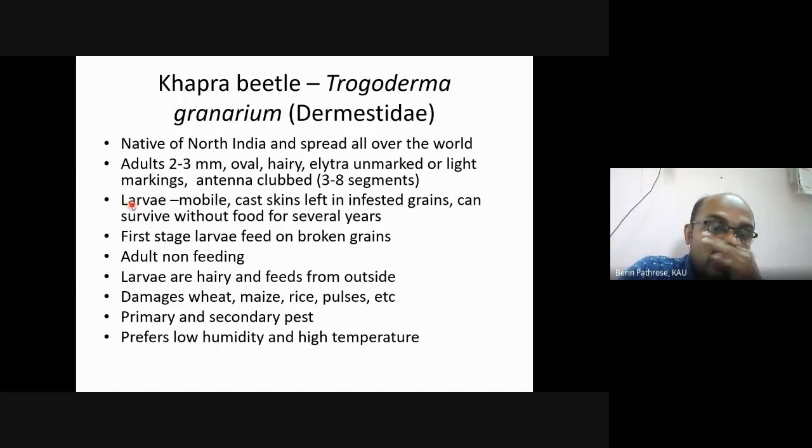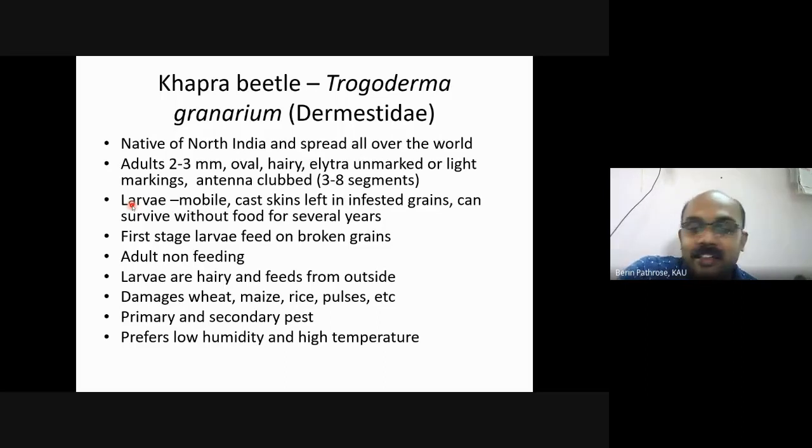We have moisture all over the atmosphere, so it's not that common in our state. We usually don't see it, but it is an extremely common pest in North India, and from North India it has spread. Actually, it's a pest of Indian origin, and it has spread all over the world.